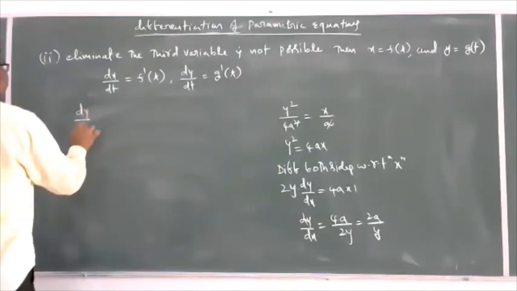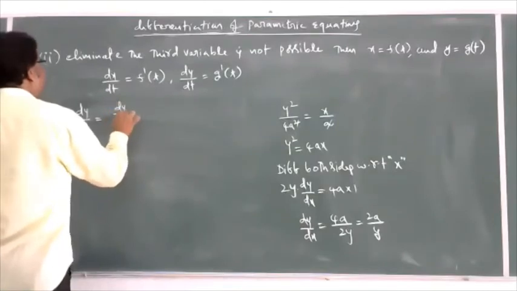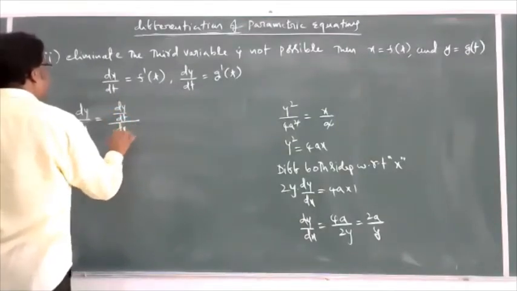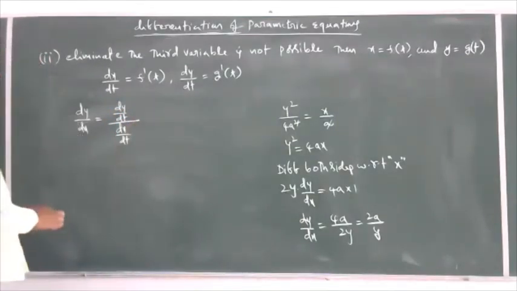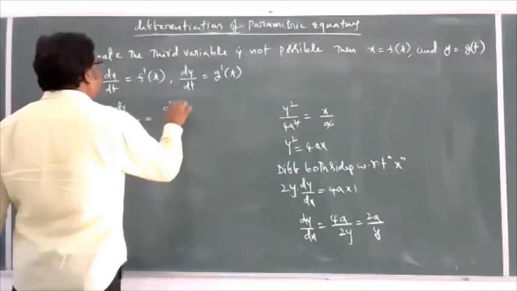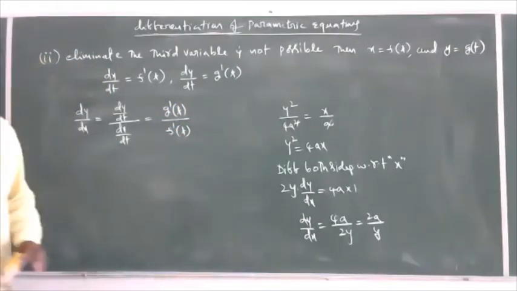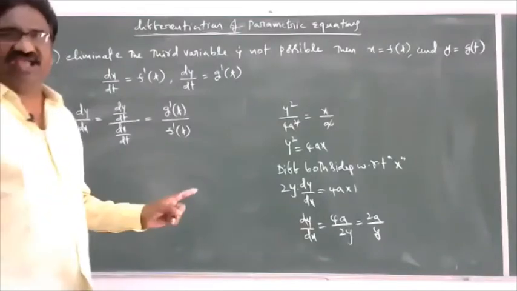Then dy by dx is equal to dy by dt by dx by dt, that is g dash t by f dash t.